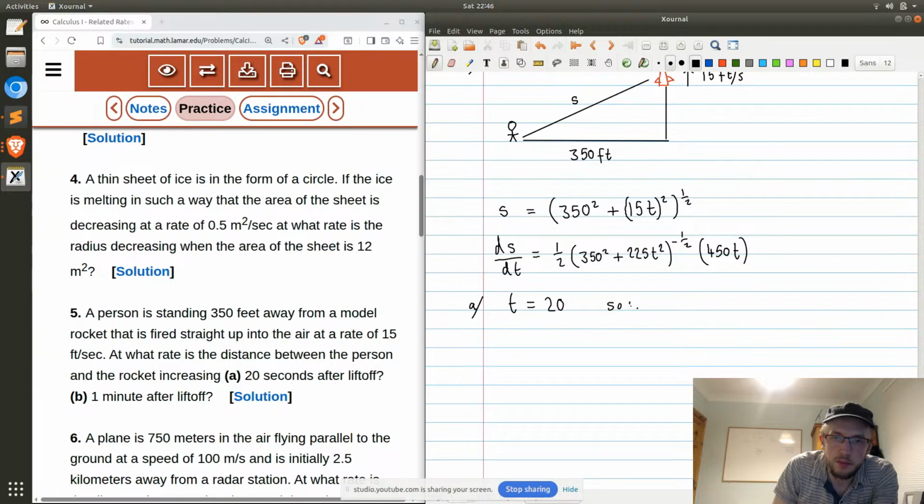And what we obtain is 9 point this, and here t would just be 60. So that should be a different number.